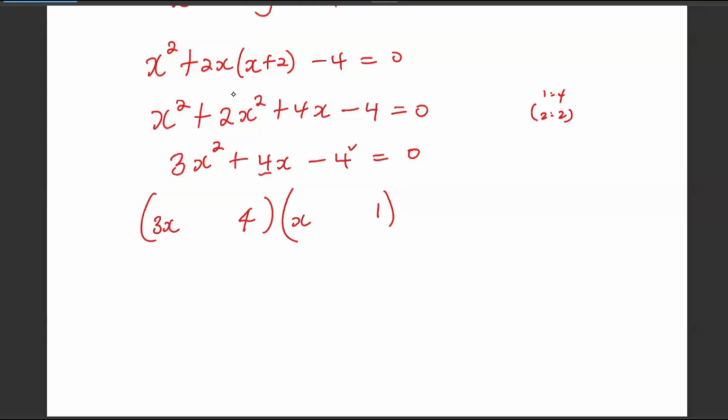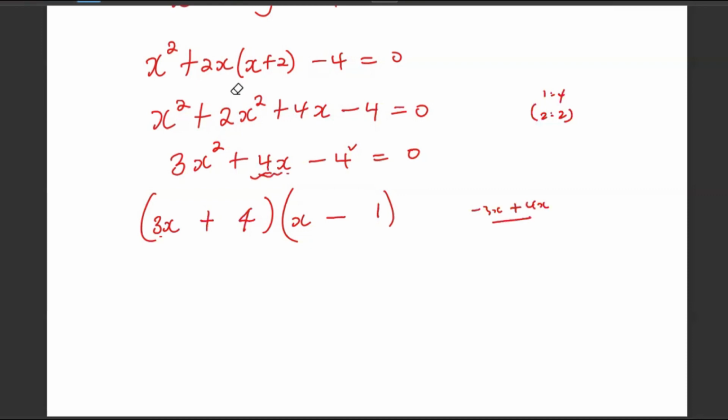If I make this a minus, this a plus, will it give me what I want? Nope. Because this is going to be minus 3x. This is going to be a plus 4x, which gives us just x.